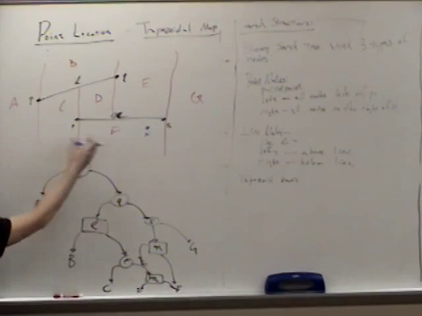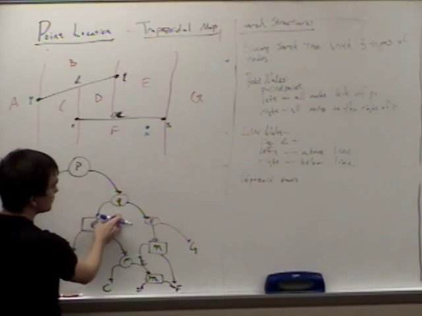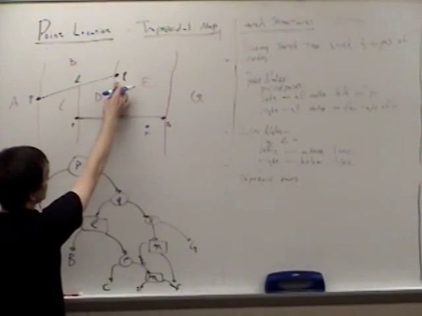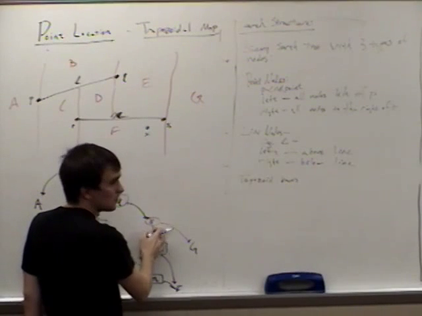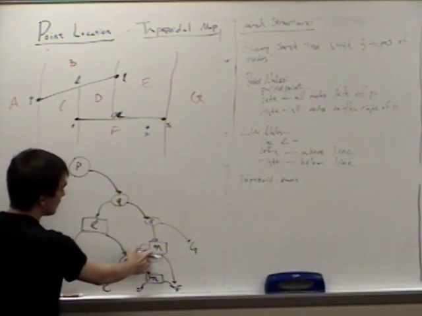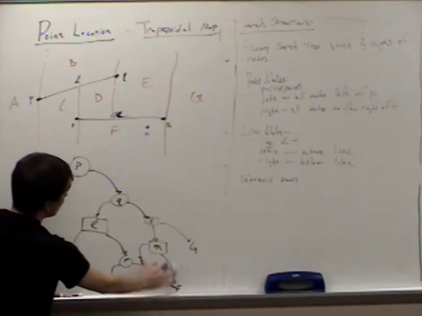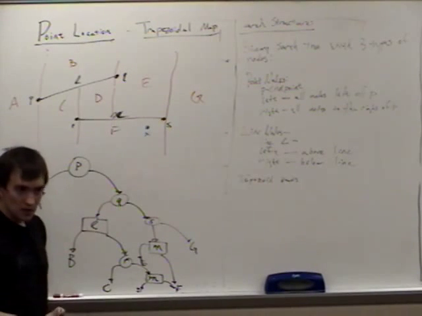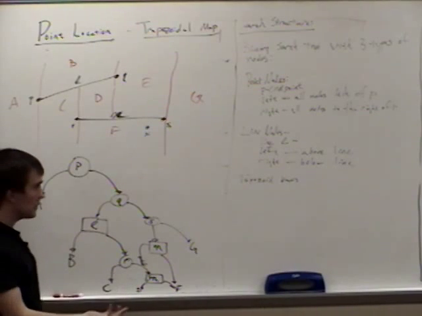X is to the right of P. So that means we now go to the next node in the tree, which is Q. X is to the right of Q, so now we go down to this structure here. X is to the left of S, so we now go down to M here. X is below M, so X is in the trapezoid F. Done. Everyone follow that step?